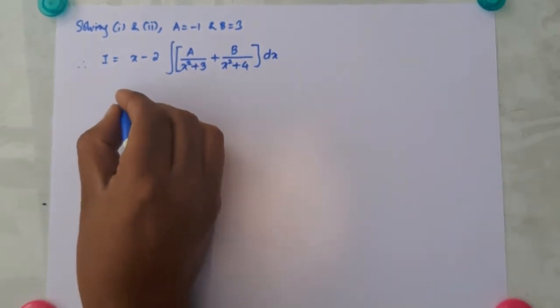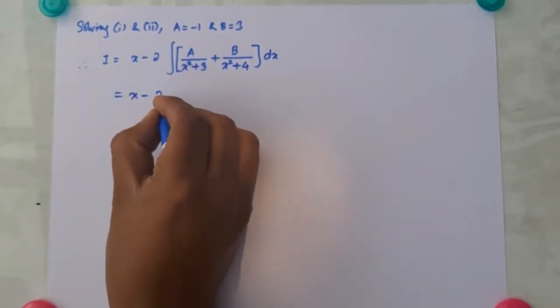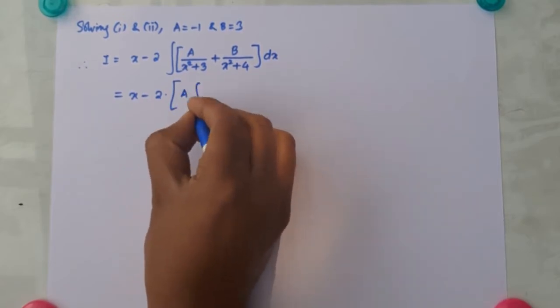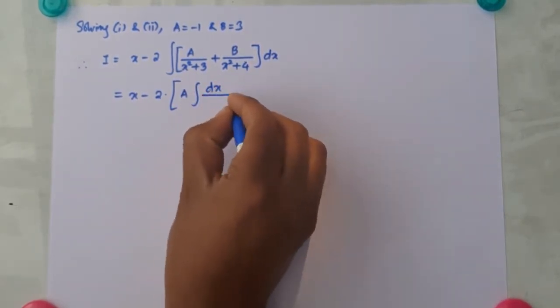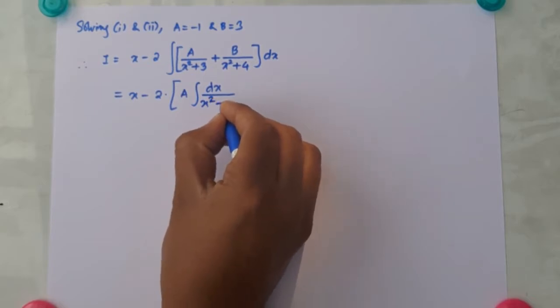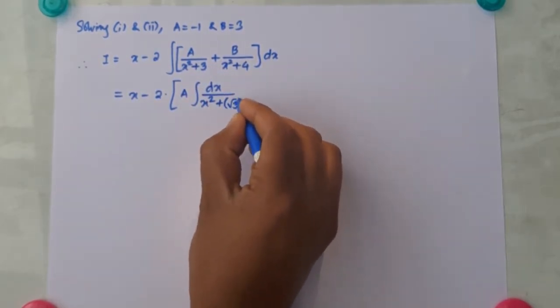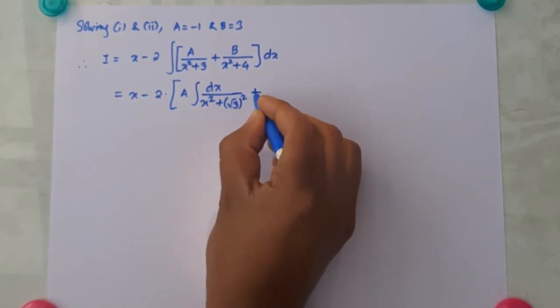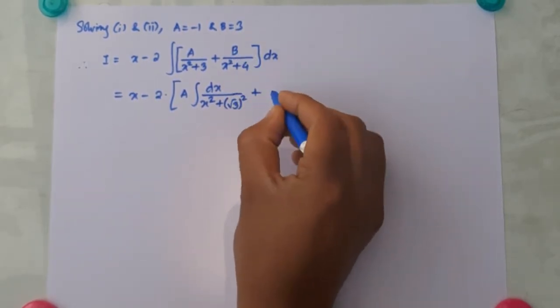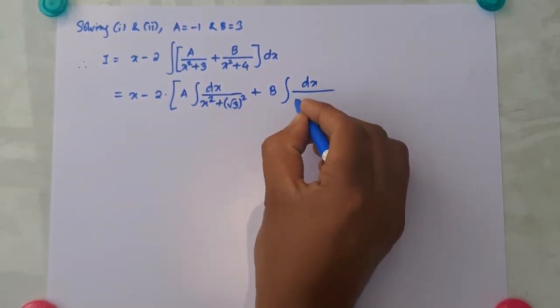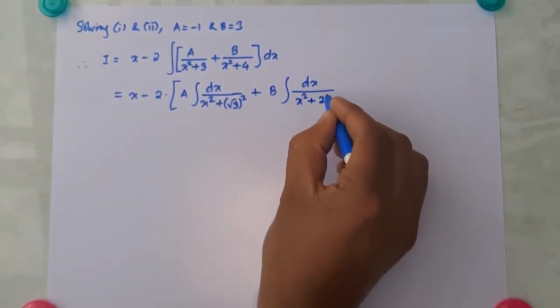Now this integral can be written as x minus 2. Okay, so we have a integral dx by x square plus 3 is there, right? So this 3 can be written as root 3 square. Okay, plus we have b can be kept outside, so b integral dx by x square plus 2 square.